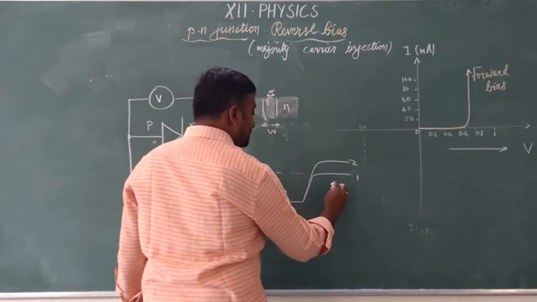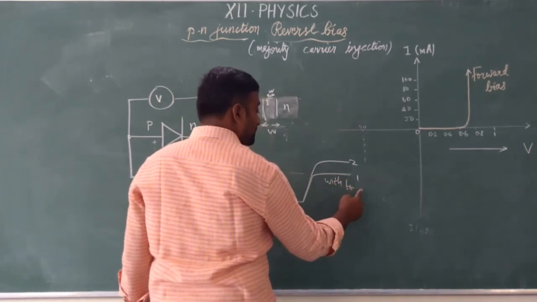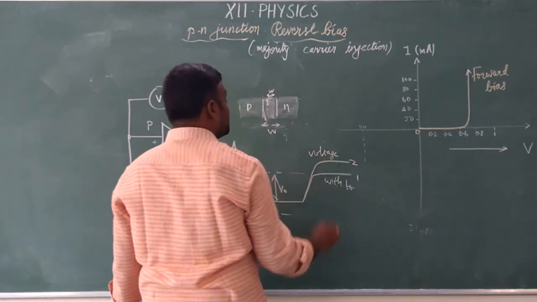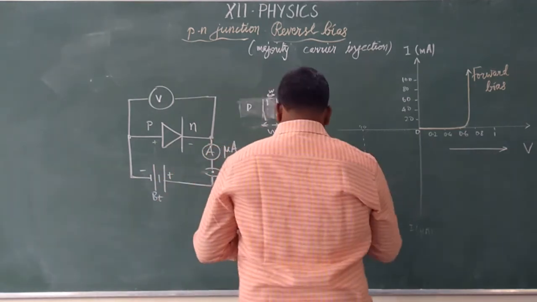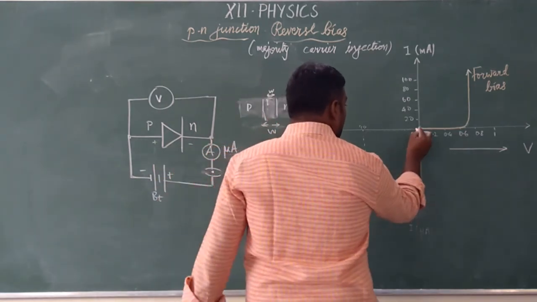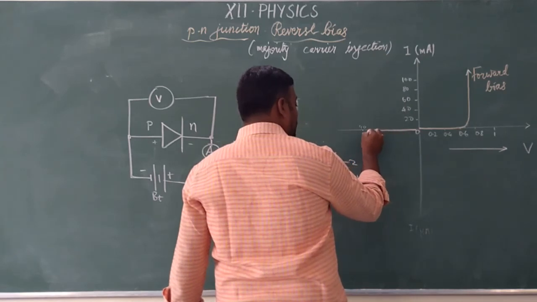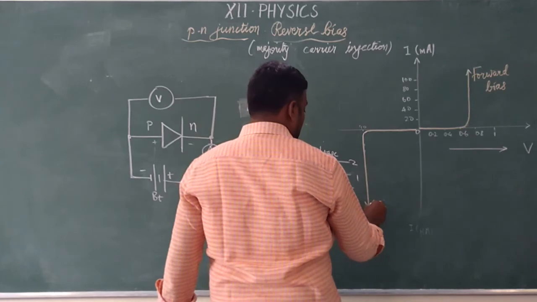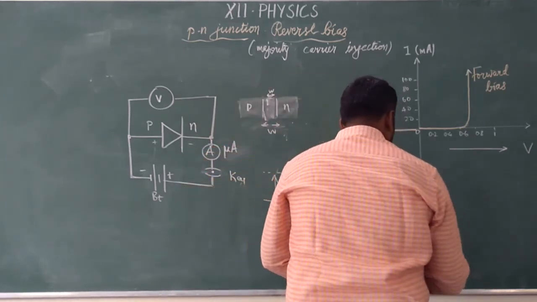Here, first means only with the battery, but no voltage is applied. But here voltage is applied to this PN junction under reverse bias. The current value is almost close to the same axis, but at one point it suddenly breaks down and increases. The current measured here is in microampere.